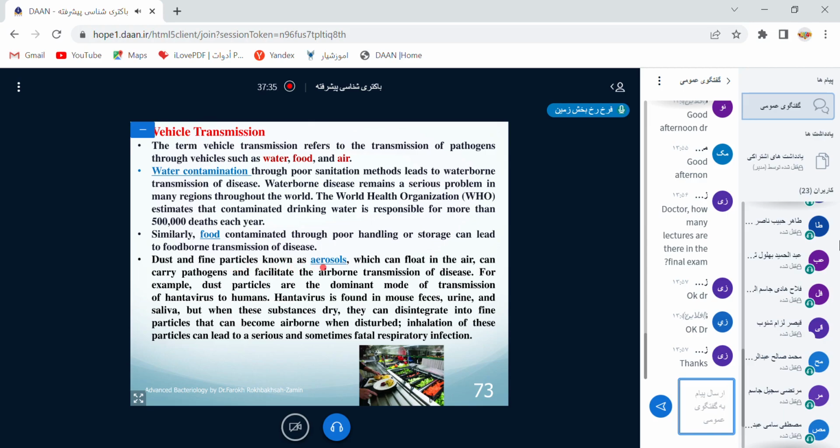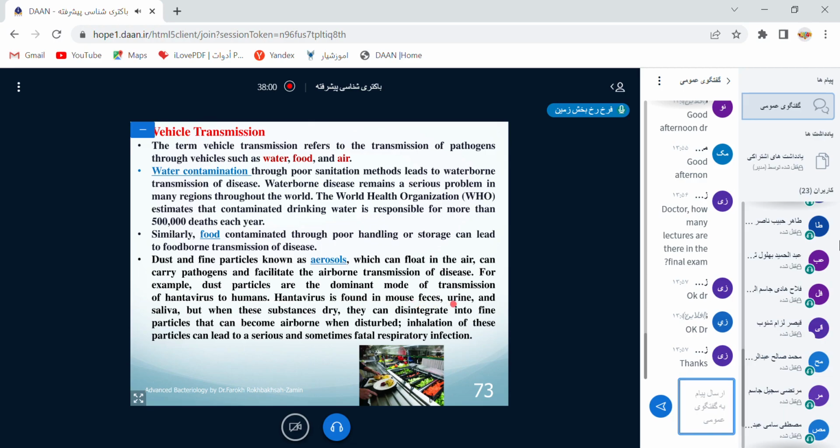Dust and fine particles known as aerosols, which can float in the air, can carry pathogens and facilitate the airborne transmission of disease. For example, dust particles are the dominant mode of transmission of hantavirus to humans.